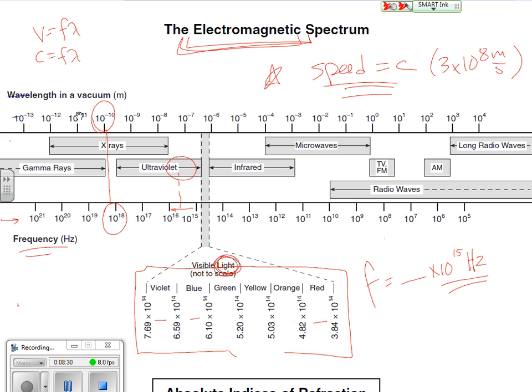You could take any one of these wavelengths, and if you wanted to find the frequency, you take c and divide by that wavelength, and you'll get the frequency. They all differ by a factor of 3 times 10 to the 8th. So just remember, all of them move at that speed in a vacuum or in air. They're all the same kind of wave, just with different frequencies and wavelengths.